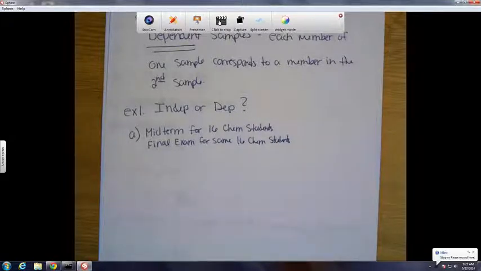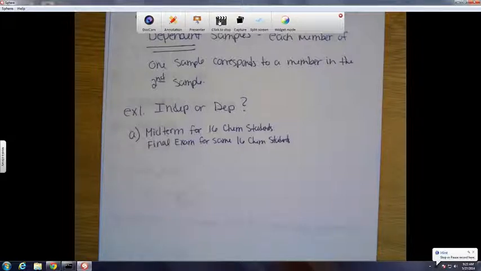Are those two samples independent or dependent? Doesn't matter how much they studied, I'm just looking at their scores. I've got the 16 scores on their midterm, I've got the 16 scores on their final exam. Are those two samples independent of each other or dependent on each other?